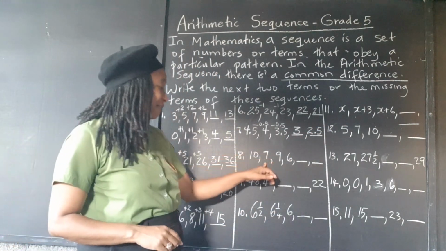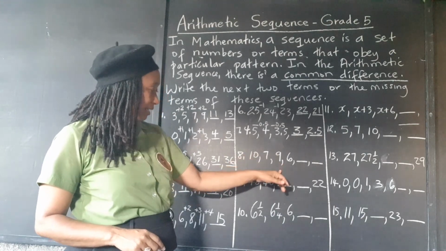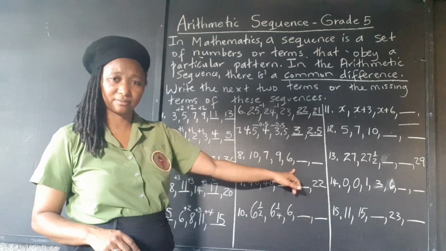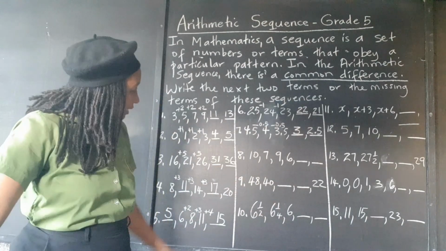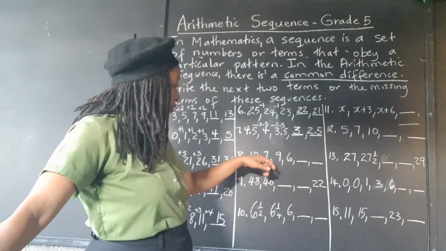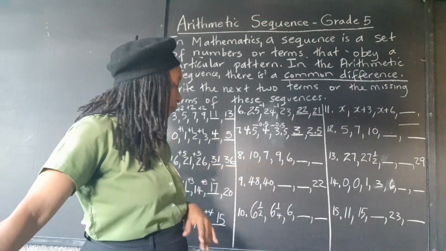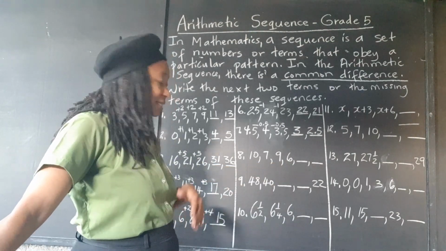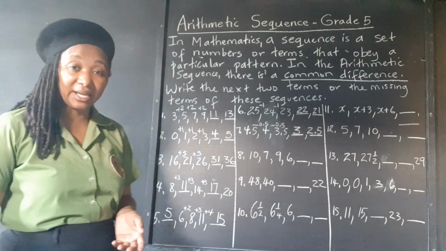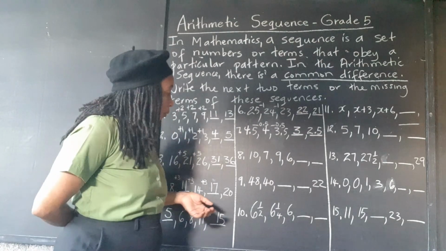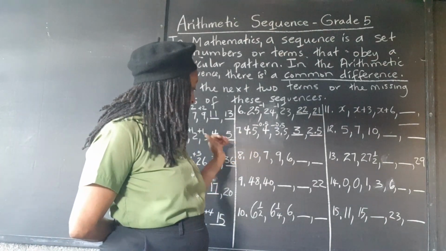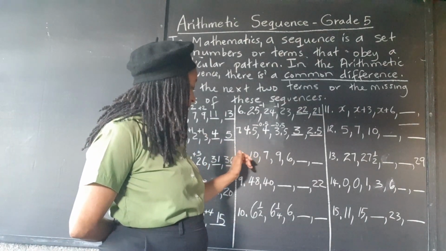10, 7, 9, 6. From 10 to 7 to 9 to 6. Is it ascending or is it descending? Well, 10 to 7, that's descending. That's getting smaller.